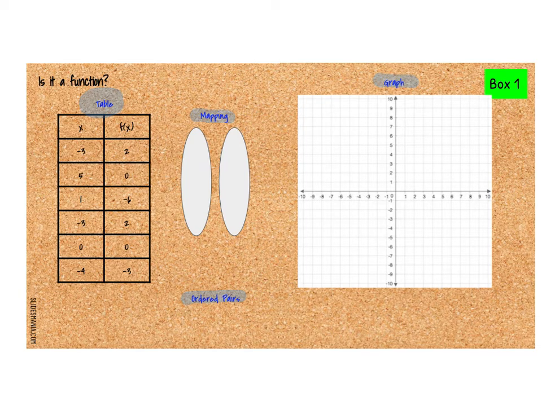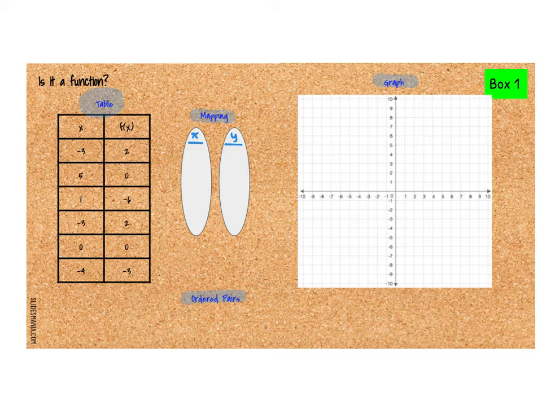Right now, the first one I'm going to be doing is the mapping part. When I do the mapping, the left figure represents your input, which is your X, and the right figure represents your Y, which is your output. Now, when you write these numbers, you're going to write them in order from least to greatest.